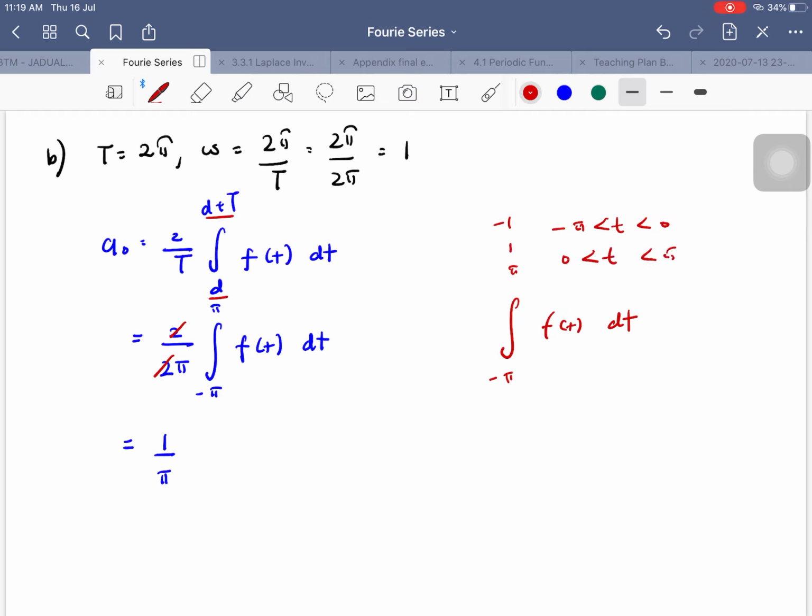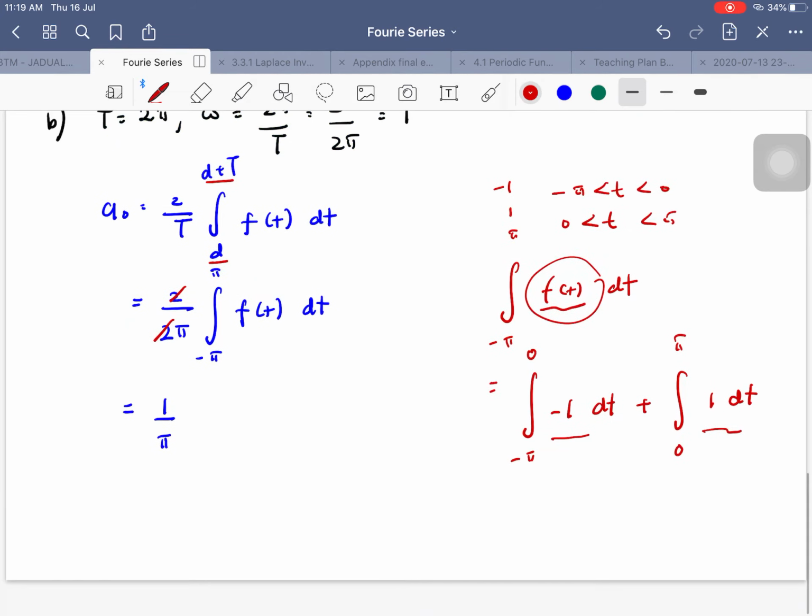So if I substitute the function f of t, I will end up with the integral from negative pi to 0 of negative 1 dt plus the integral from 0 until pi of positive 1 dt. That is why I'm not going to substitute the function f of t yet. I'm going to do something else first.